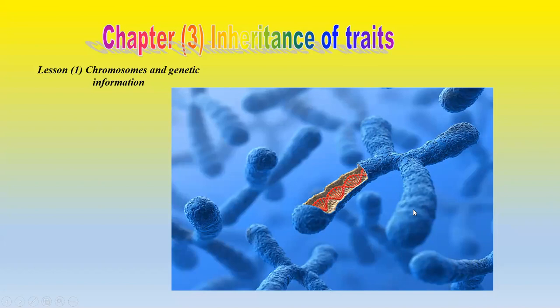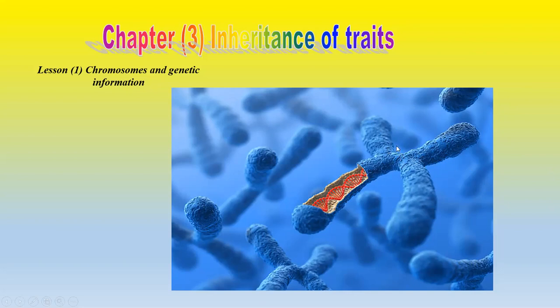The chromosomes are very important because they pass the hereditary information or hereditary traits from generation to generation. They are homologous pairs. What does homologous pairs mean? It means they are always present in pairs. This is called a chromosome.